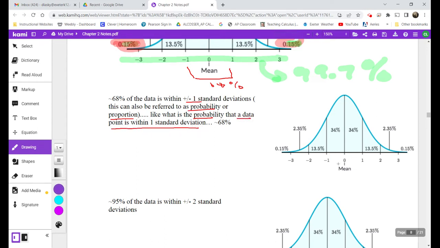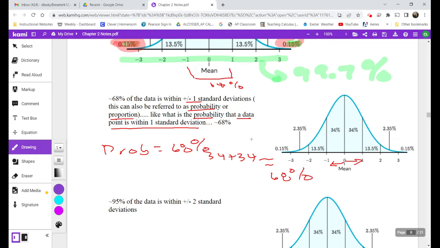Well, within 1 means I'm 1 to the left and 1 to the right. What is 34 plus 34? Well, that is 68. So the probability is equal to 68%.